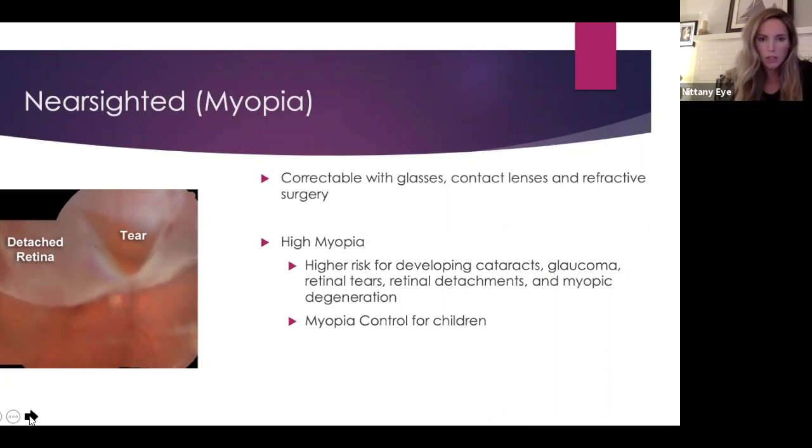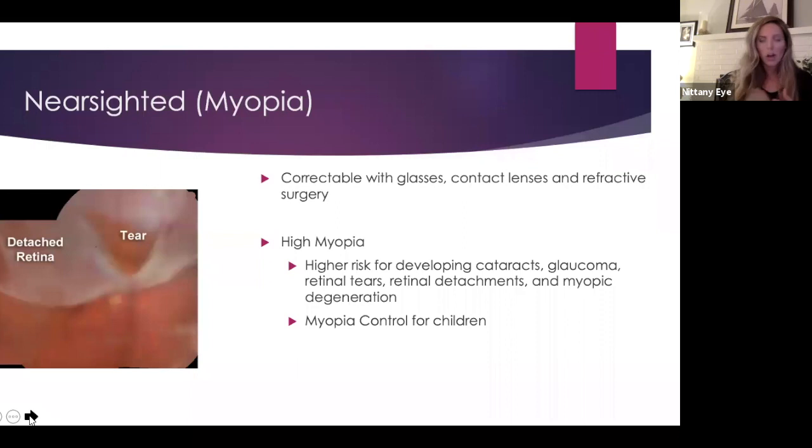We do get concerned, though, if you have high myopia. High myopia is considered anything over a -6 in prescription. The majority of nearsightedness actually comes from the eye being too long and elongating. So when you're a kid, if you're nearsighted and getting new glasses every year, it's because your eye keeps growing and elongating and stretching.